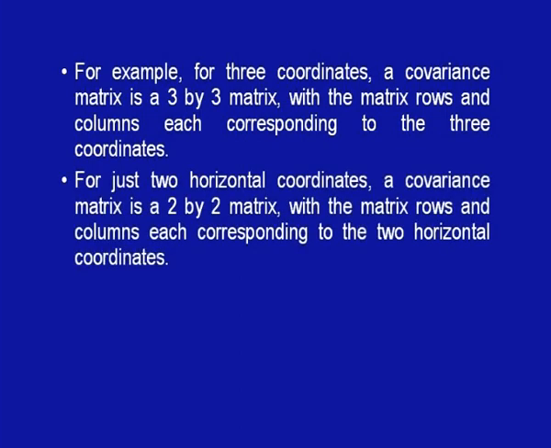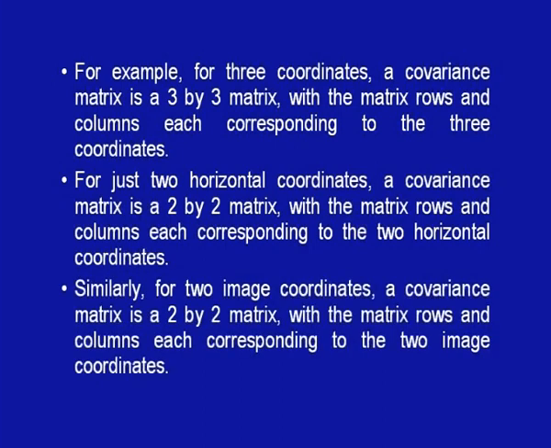For just 2 horizontal coordinates, a covariance matrix is a 2 by 2 matrix with the matrix rows and the columns each corresponding to the 2 horizontal coordinates. Similarly, for 2 image coordinates, a covariance matrix is a 2 by 2 matrix with the matrix rows and columns each corresponding to the image coordinates.